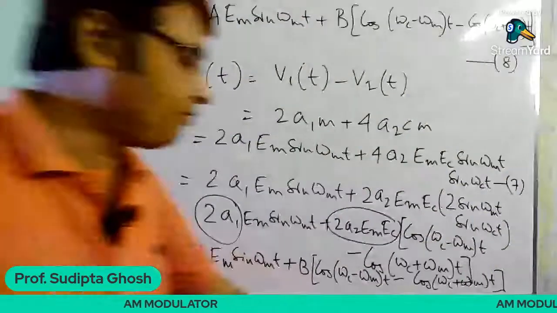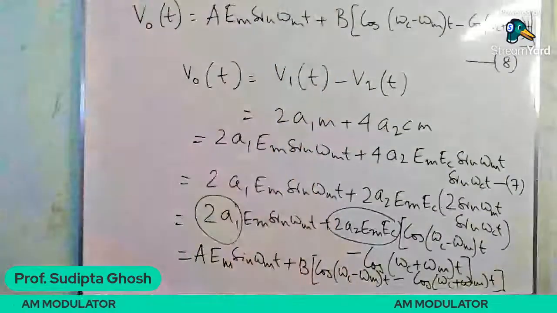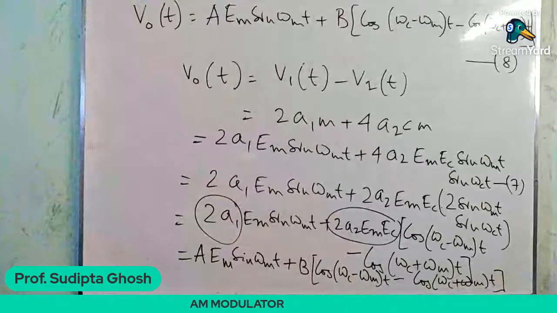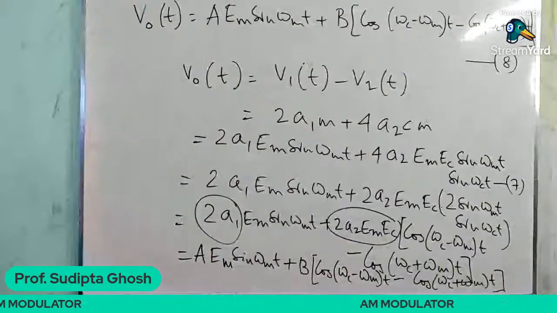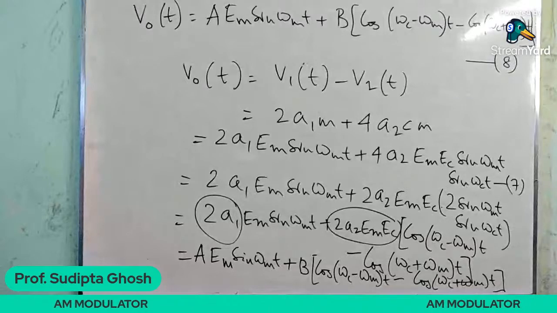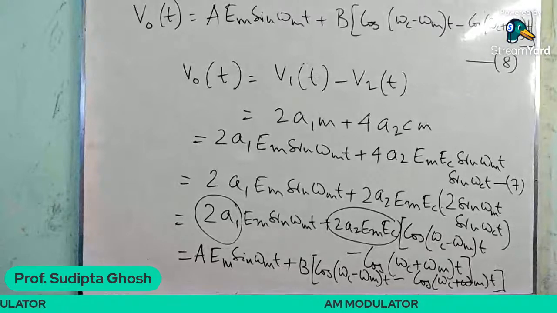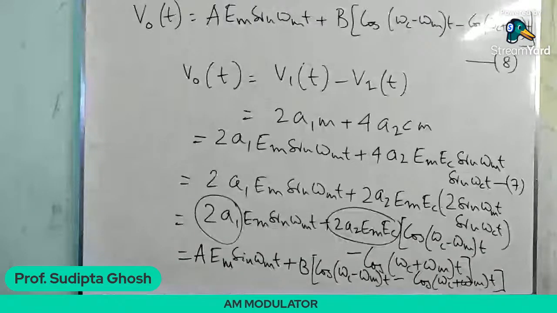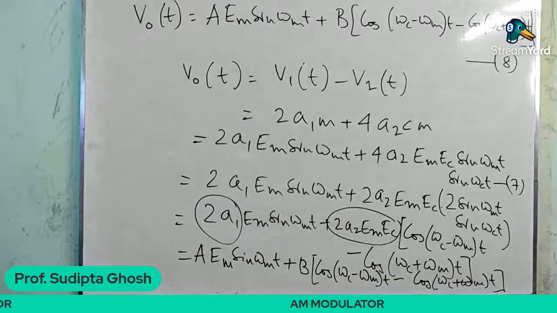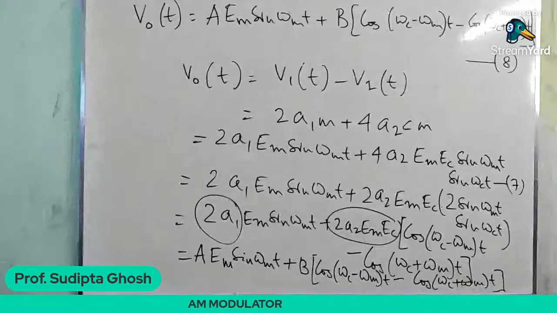So from this particular equation, we find that under an ideally symmetrical condition, the carrier gets cancelled. What we have in this equation is only the sidebands, that is the lower sideband and the upper sideband, and the modulating signal intact, that is Em sin omega m t.